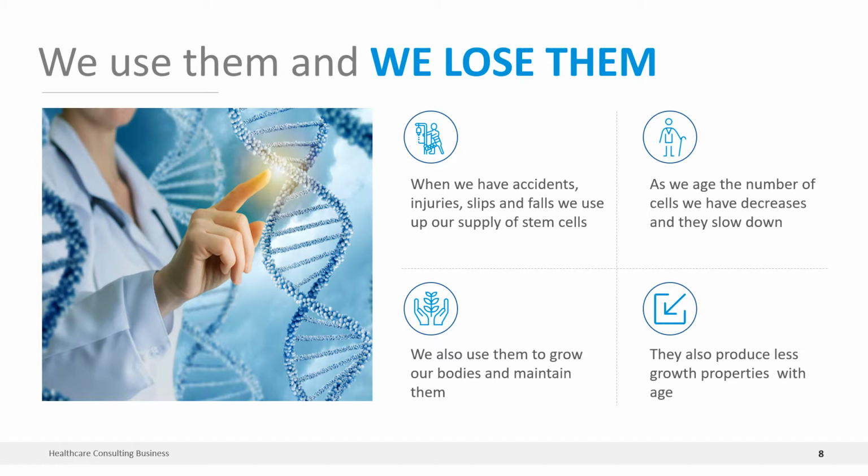Now, the other thing that's unique about these stem cells is that when we're born, they have what's called a proliferation time, or a doubling time. So one can become two in about 20 to 24 hours. And I don't know if you've ever heard of the whole analogy. Would you rather have $200,000 cash given to you today, or a penny that doubles every day for 30 days or 31 days?